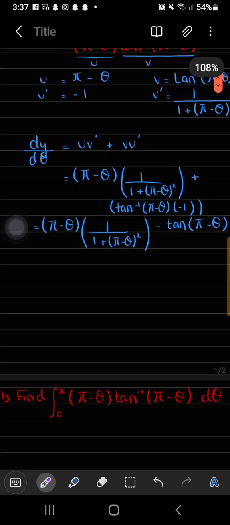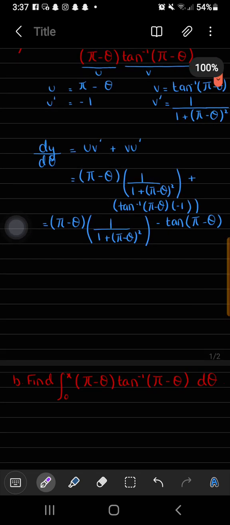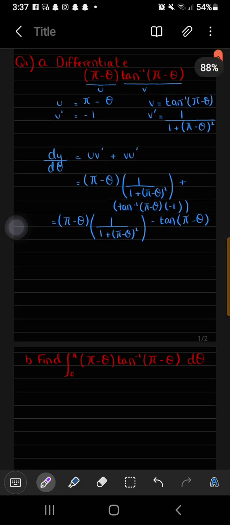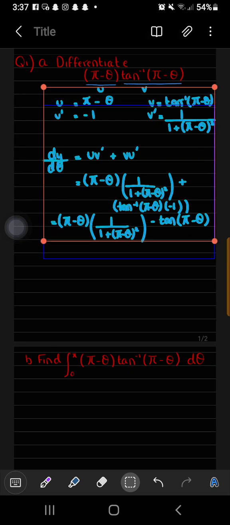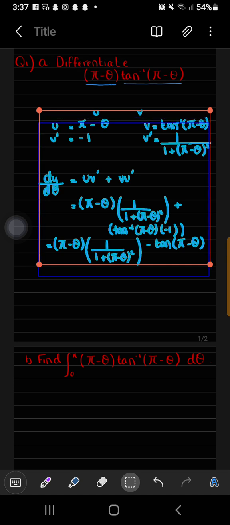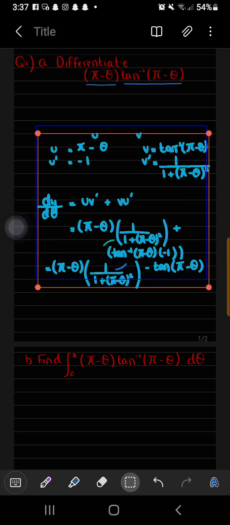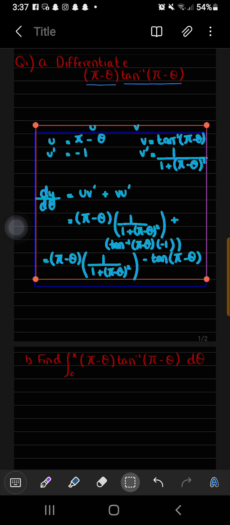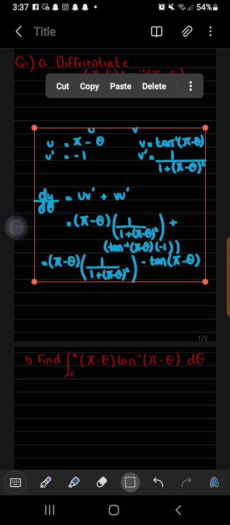But let me write the differentiation properties also here, so in future it will be easy to refer. Wait for a bit, give me some time, then I can continue.